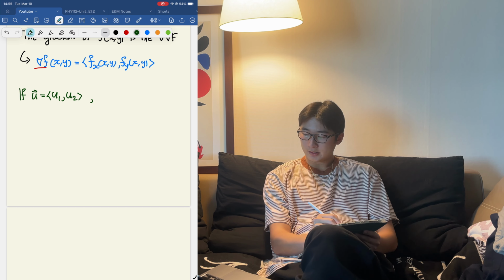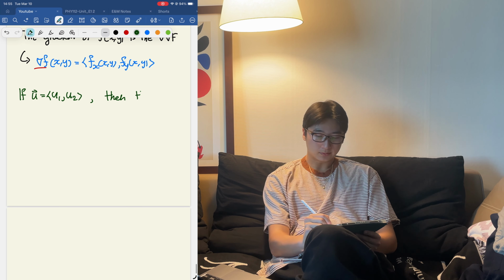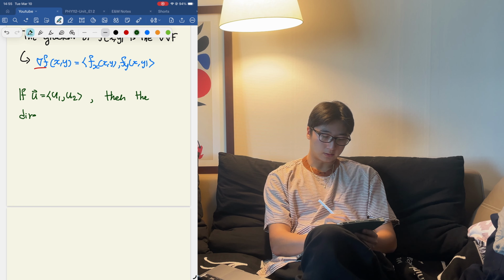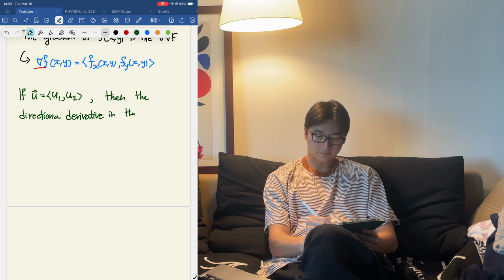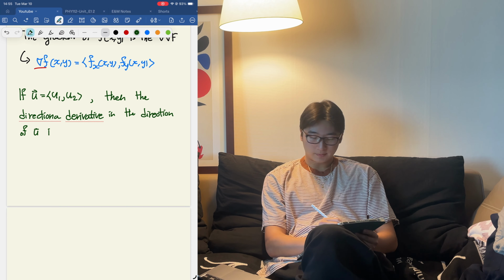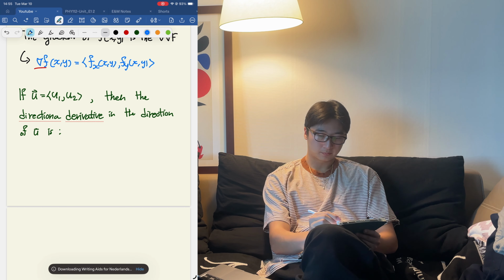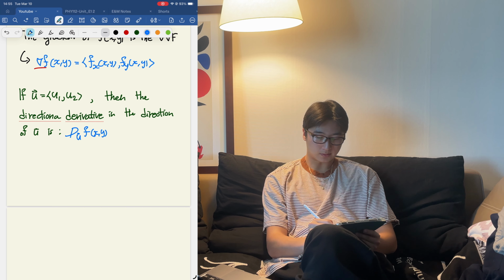Then the directional derivative in the direction of the unit vector u, we write as capital D sub u of f of x, y.